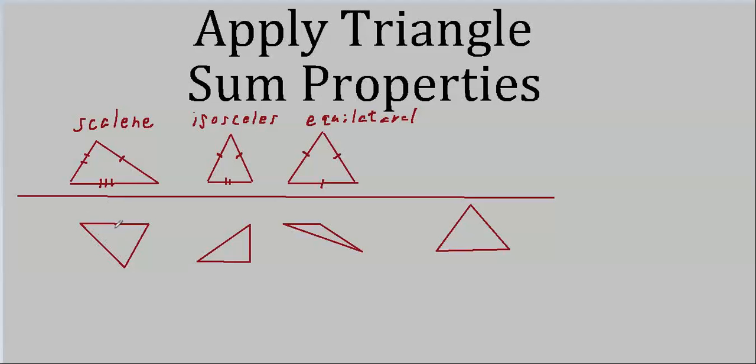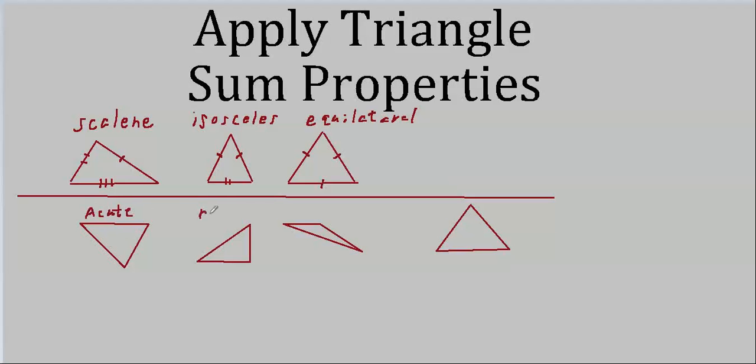Acute means less than 90 degrees. Obtuse, which we're going to get to in a second, means greater than 90 degrees. And we've been using right triangles and right angles right along, so you won't have any trouble remembering what the right angle means. So this one here is an acute triangle because all the angles are acute angles.